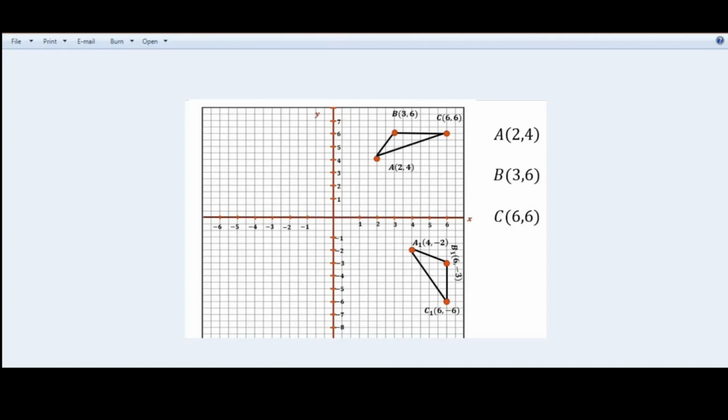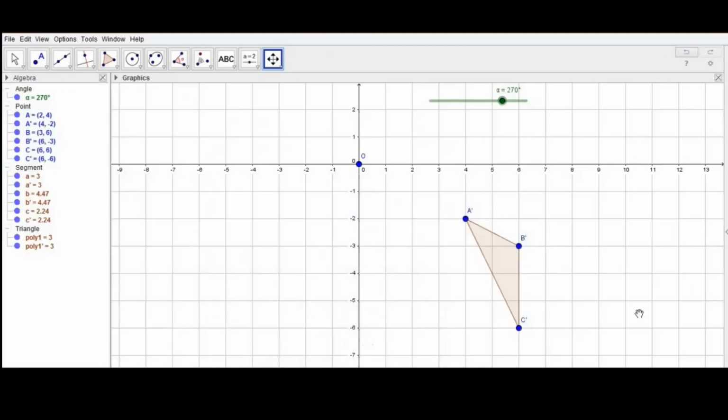That is the same point we have here. And the last point is C1, which is positive 6 on the x-axis and negative 6 on the y-axis. So when we come here, let's observe point C. This is positive 6 on the x-axis and negative 6 on the y-axis. So this clearly confirms that indeed rotation 90 degrees clockwise will produce the same result as rotation 270 degrees anticlockwise.